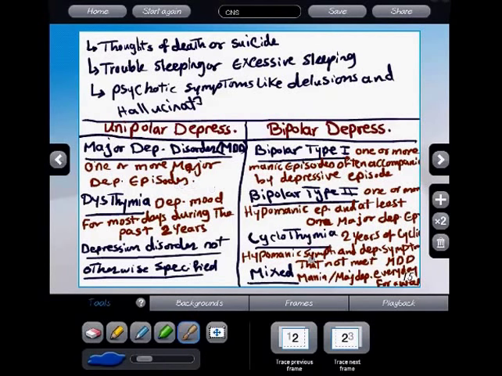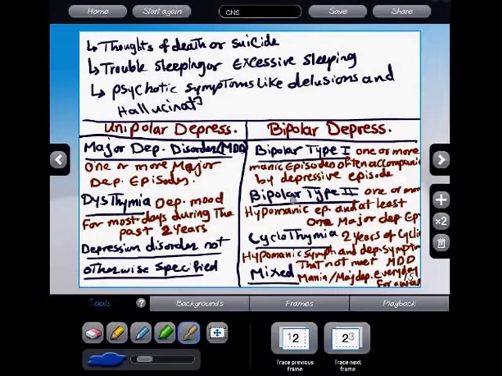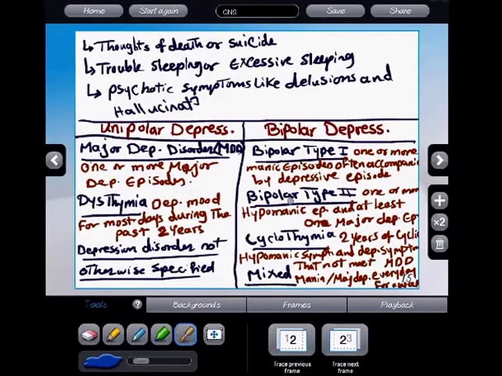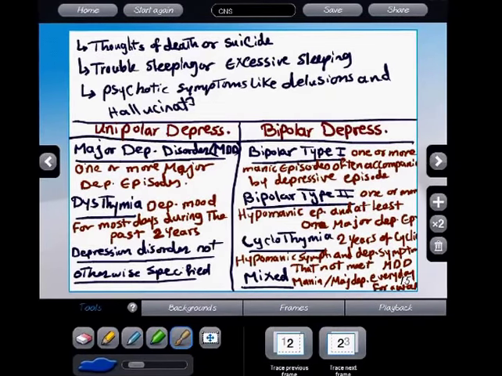Cyclothymia and mixed manic and major depression and so on can be called mixed. So bipolar depression always contains manic attacks beside the depression. But unipolar is only depression, there is no mania.